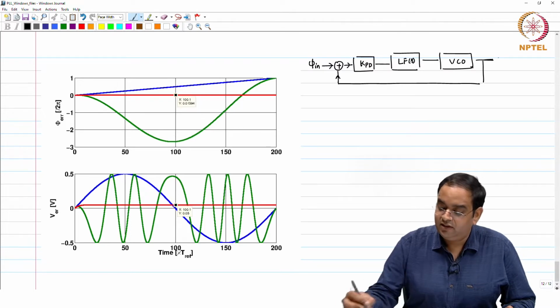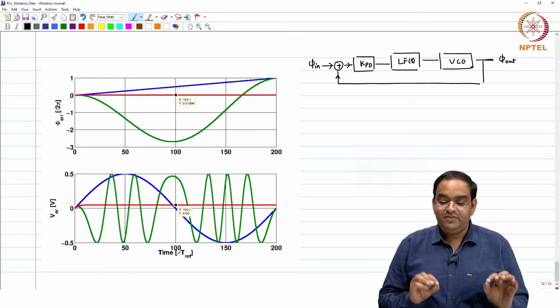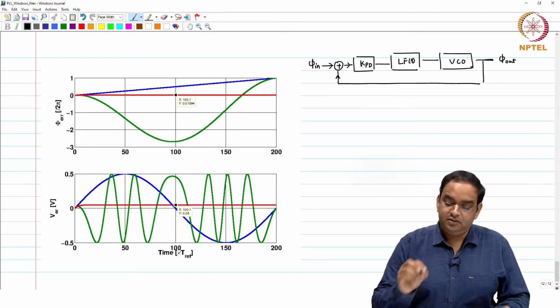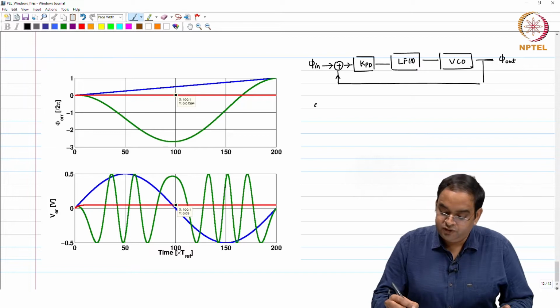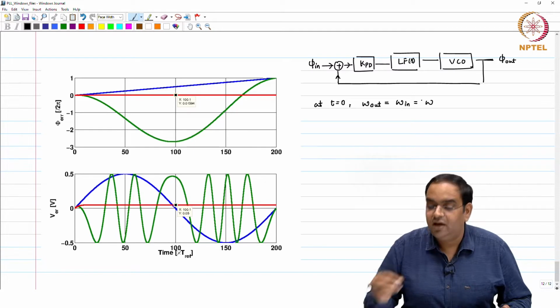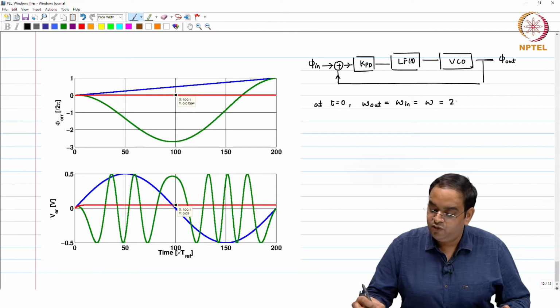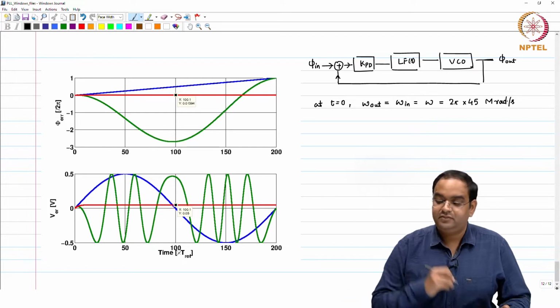So, assume that the frequency of the oscillator is the same as the frequency of the input. So, at time t equal to 0, we have omega out as equal to omega in, which is omega, and this happens to be 2 pi into 45 mega radians per second.